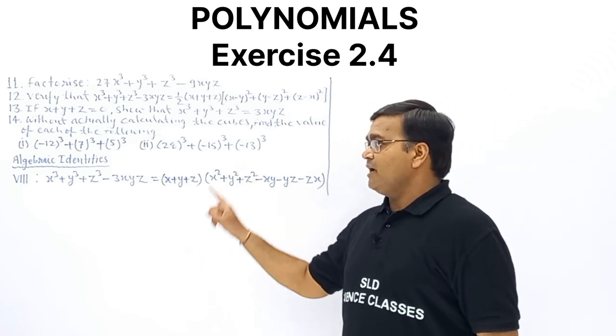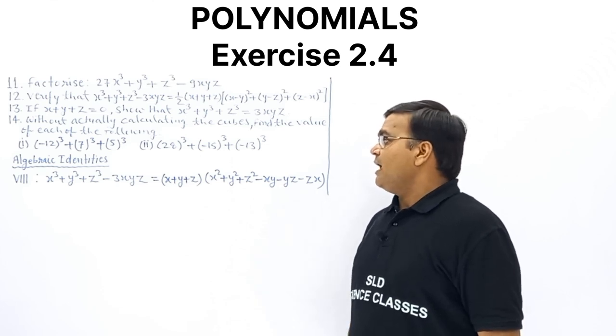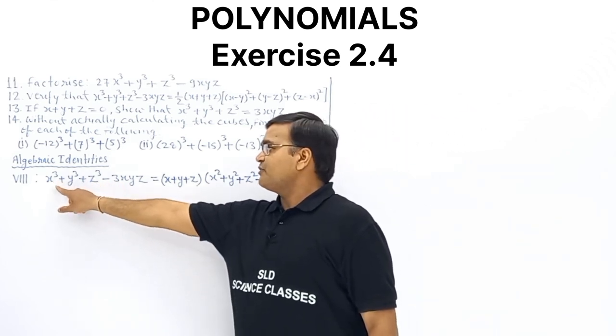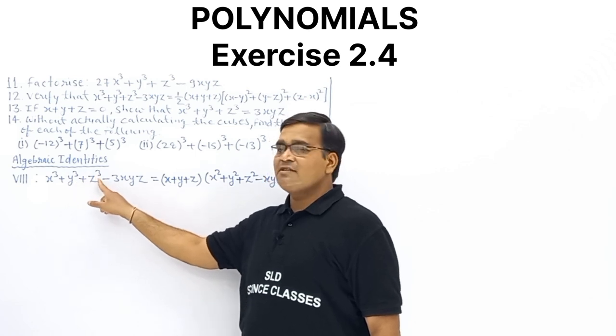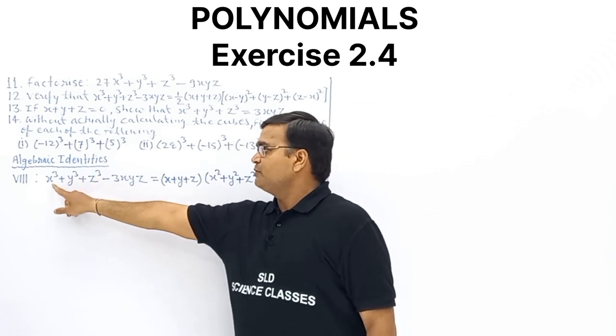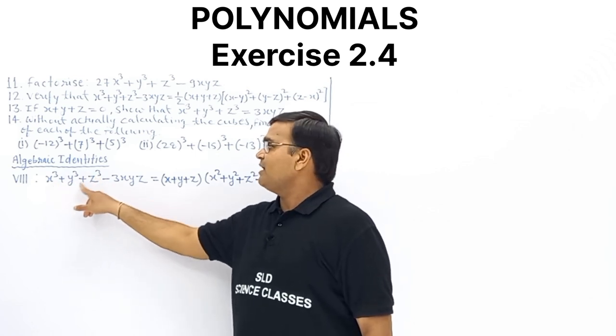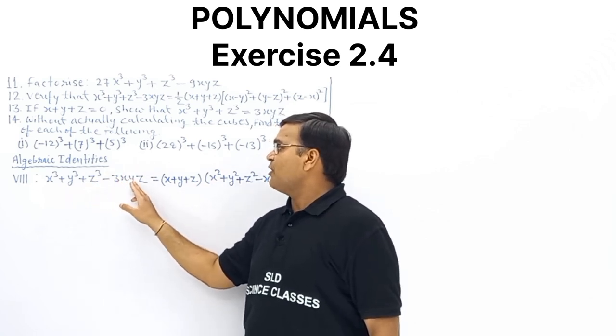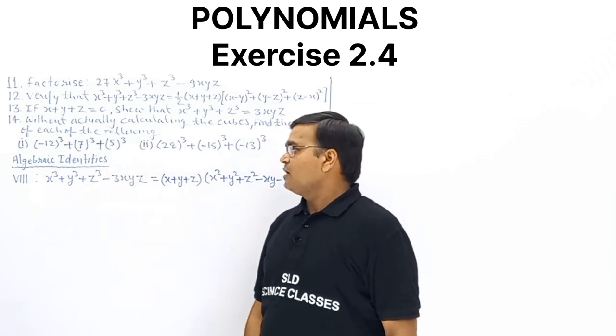So what is the identity? The last identity, the 8th identity, is x cube plus y cube plus z cube, cube of variables x, y and z, minus 3 times xyz.